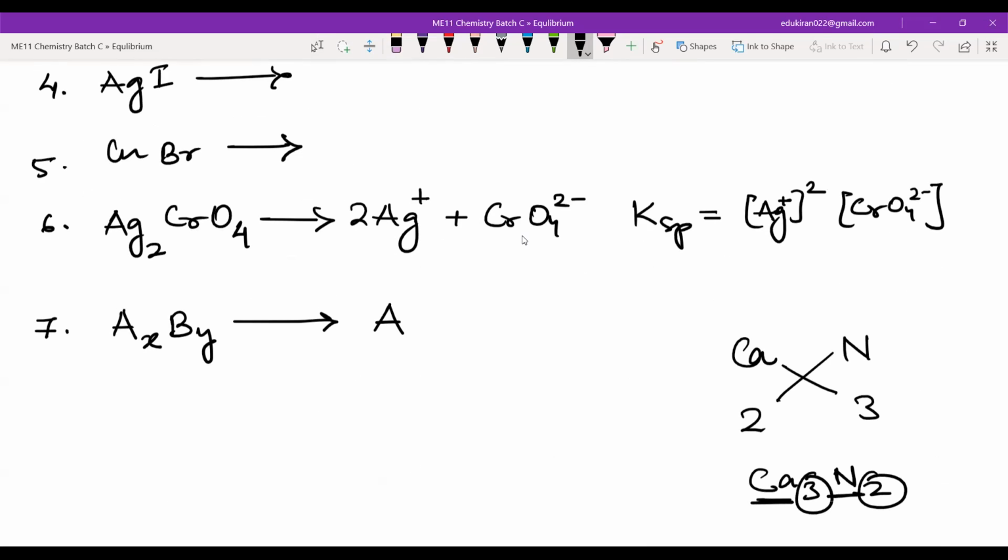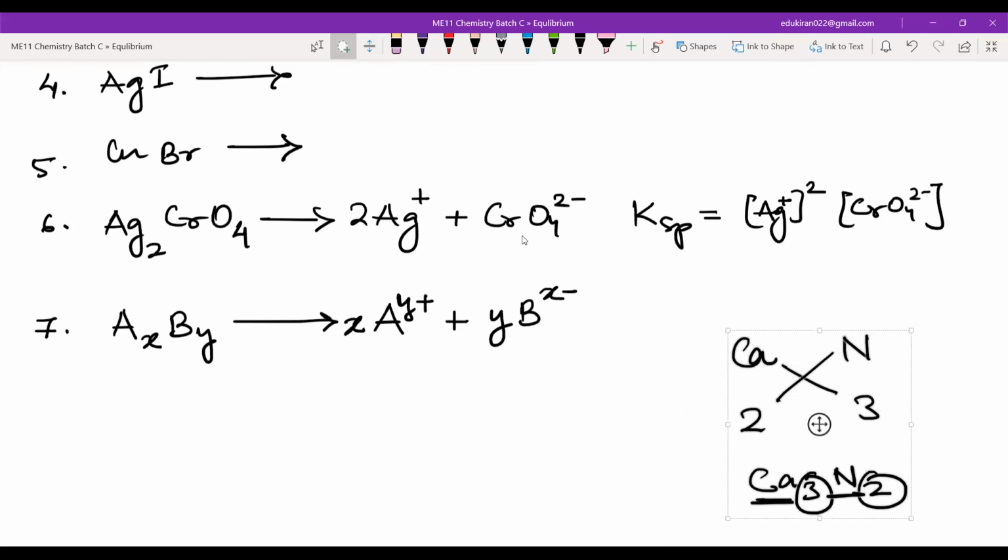So similarly, here also you will write A, which will have a charge of Y positive, and there will be X molecules of A with Y positive charge. Similarly, you will have Y molecules of B with X negative charge. Can all of you see this?